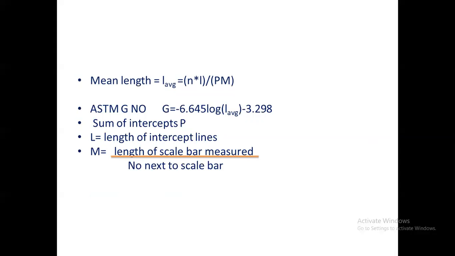where M is the effective magnification, because the length of the scale we draw may differ from person to person. So to convert it into an equitable scale, we consider M as an effective magnification. M is calculated from the length of the scale bar used and the number next to the scale bar.